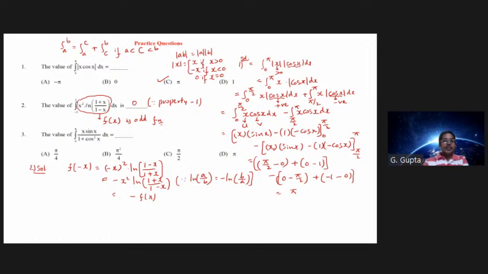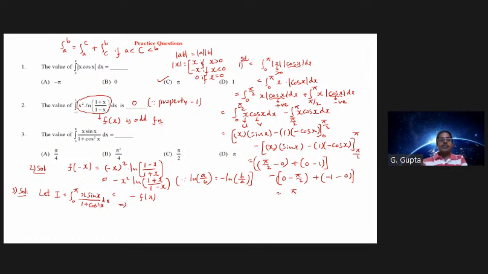In the third problem, let I is equal to integral 0 to pi x sin x divided by 1 plus cos square x dx, just by using property 3.